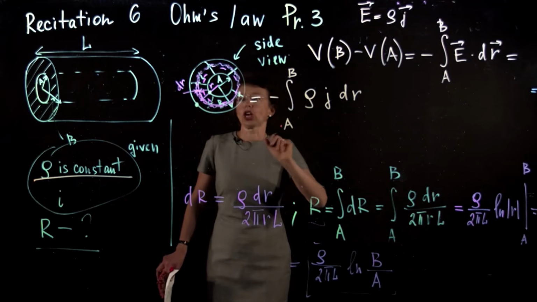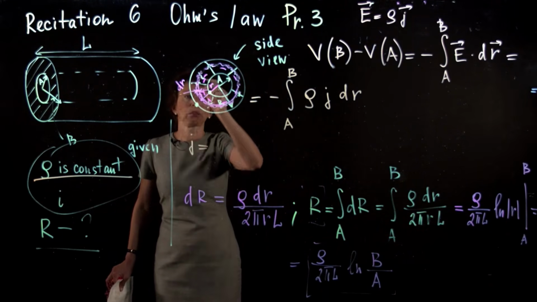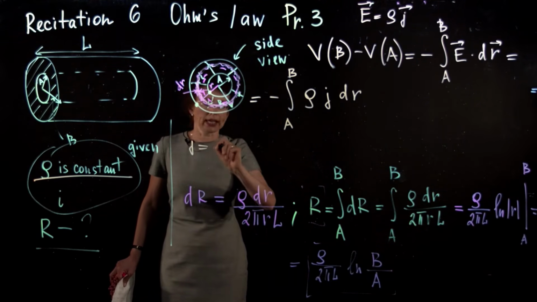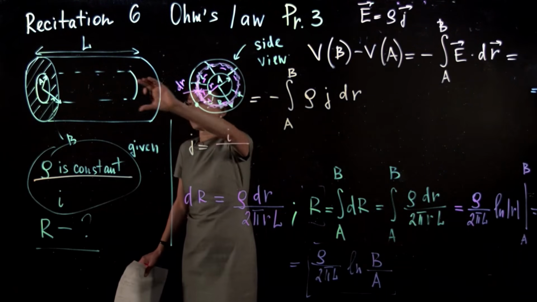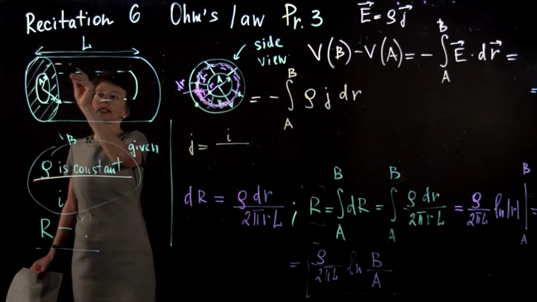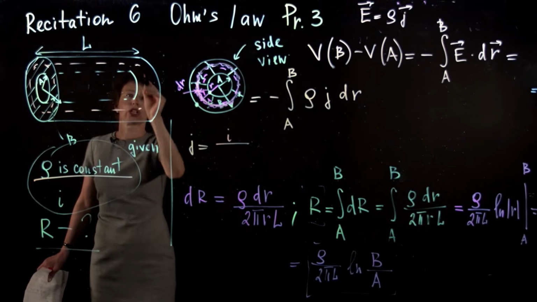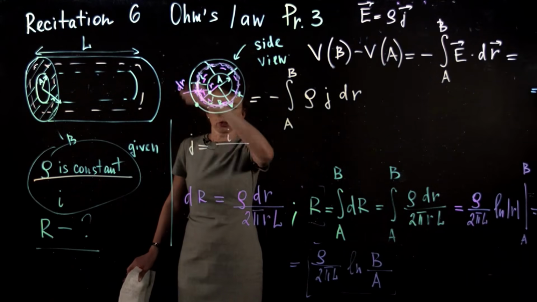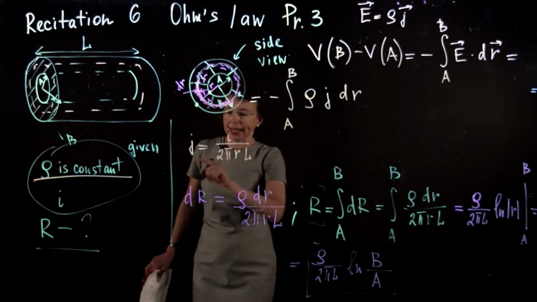Now, what is J? J is at that particular r that we choose. J is current divided by the area of this cylinder. So we now consider some arbitrary cylindrical shell at arbitrary radius r. So the surface area will be 2 pi rL.